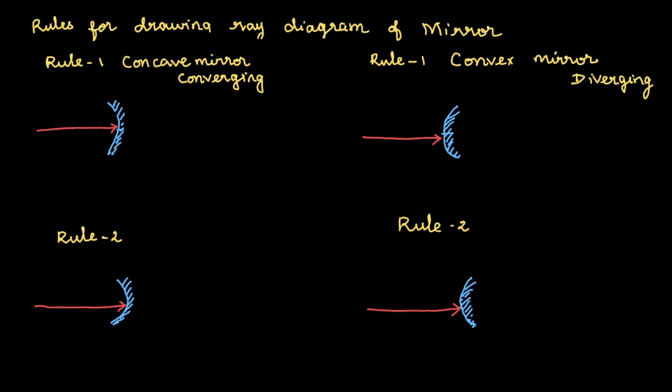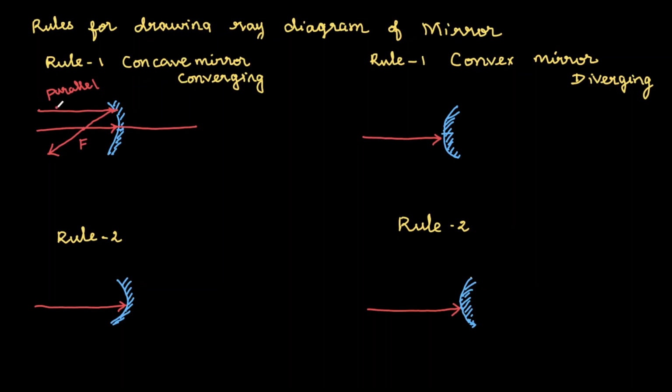When we shine a light ray, it falls on the mirror. When the light ray passes parallel to the principal axis, it will be reflected and then pass through the F. This is the first rule.